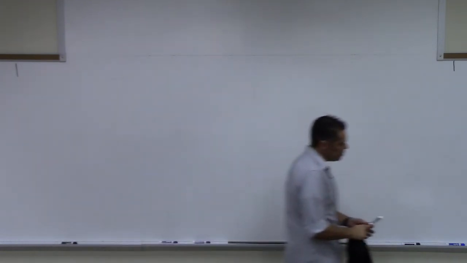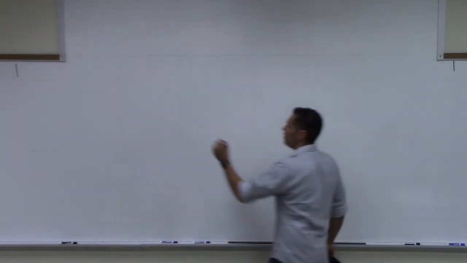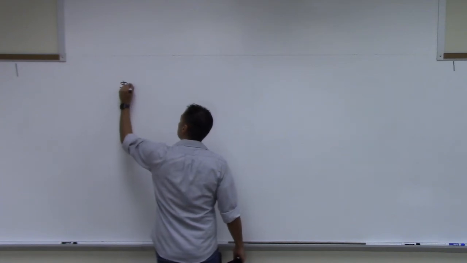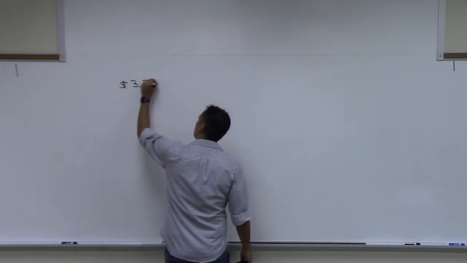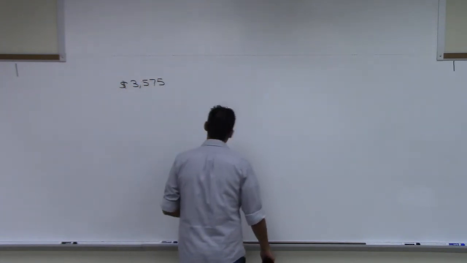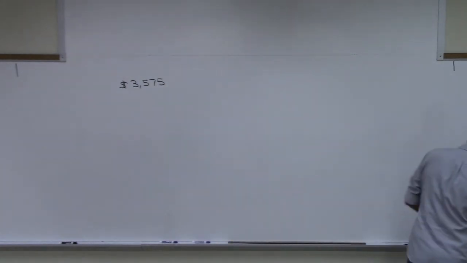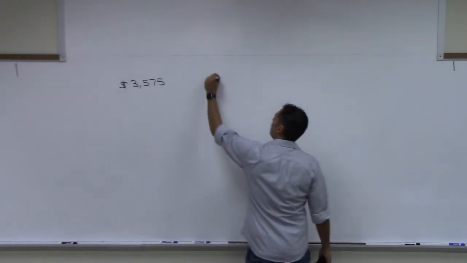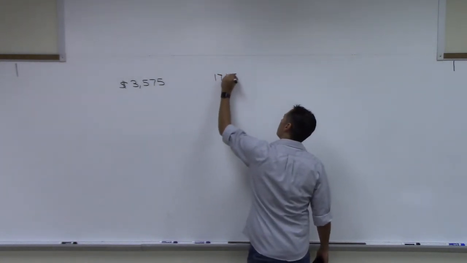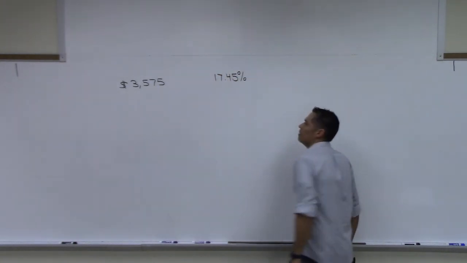All right, we'll do number 10. So I'm assuming you have the review. If you make a purchase of $3,575. You go buy a nice new big flat screen TV, okay? You buy this, but you put it on your Best Buy credit card. That's a 17.45% interest rate.